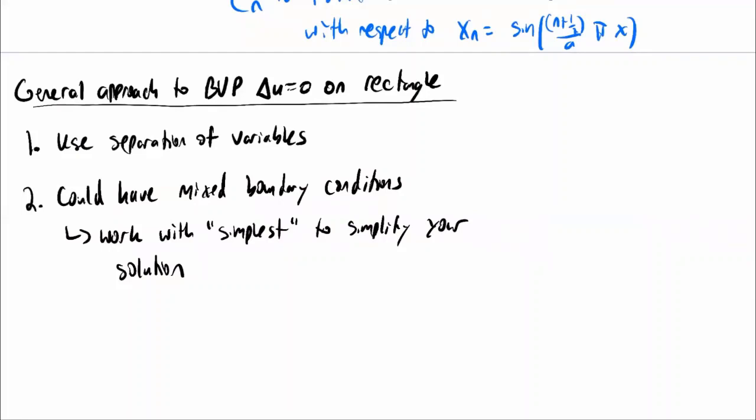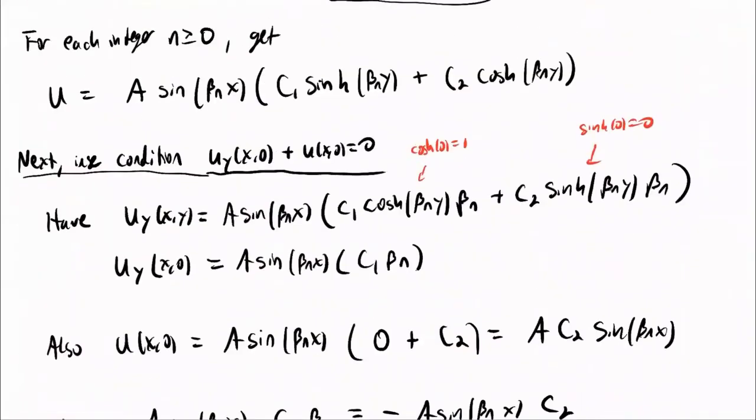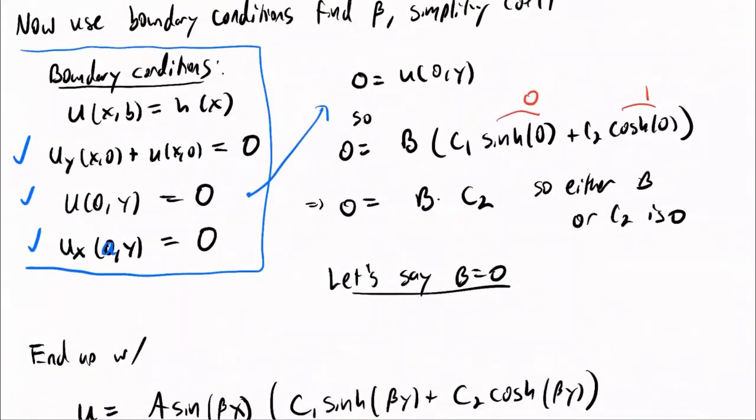For example, what did we do earlier? Well, we looked at first the conditions that had 0 on the right-hand side and which were easier to work with. For example, we began by looking at this simple Dirichlet condition, and then we looked at the Neumann condition, both of which just involve the solution or its derivative at some point equal to 0, which is usually easier to work with computationally.